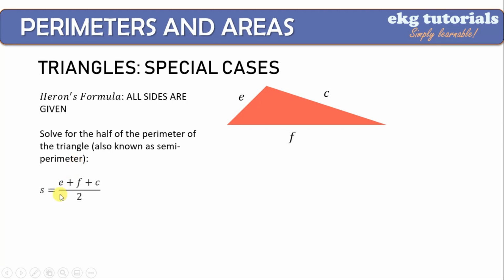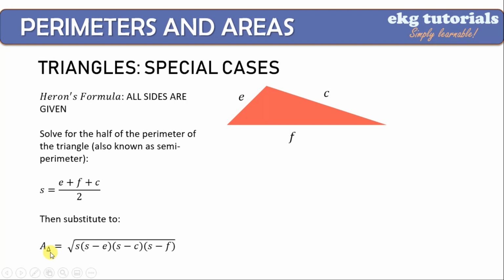So in this case, the semi-perimeter, which is represented by this variable s, is equal to the perimeter of the triangle divided by 2, since semi, half of the perimeter. So after nakuha natin yung semi-perimeter na yan, then we can substitute this to what we call the Heron's formula. Okay?